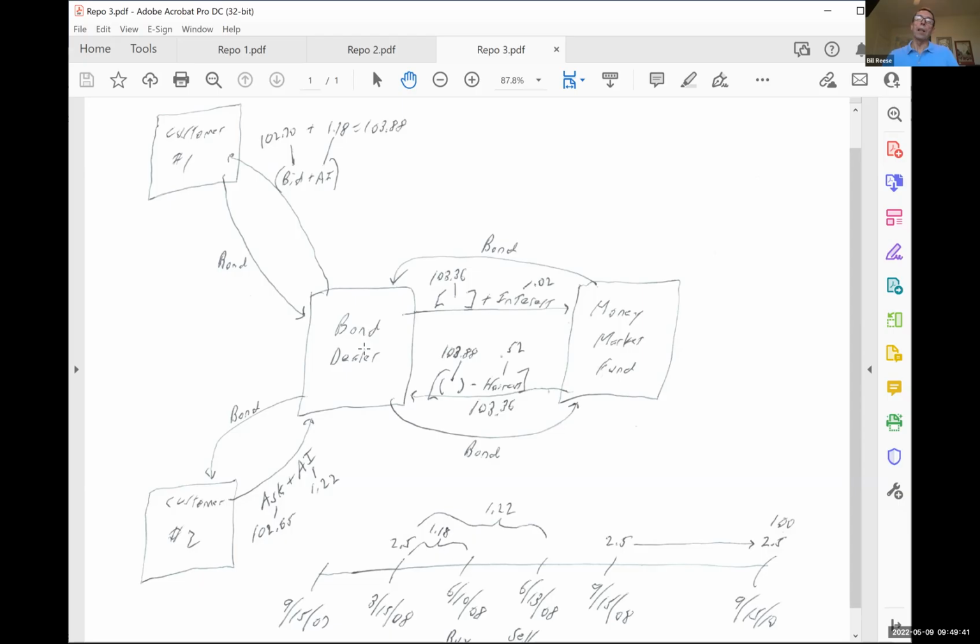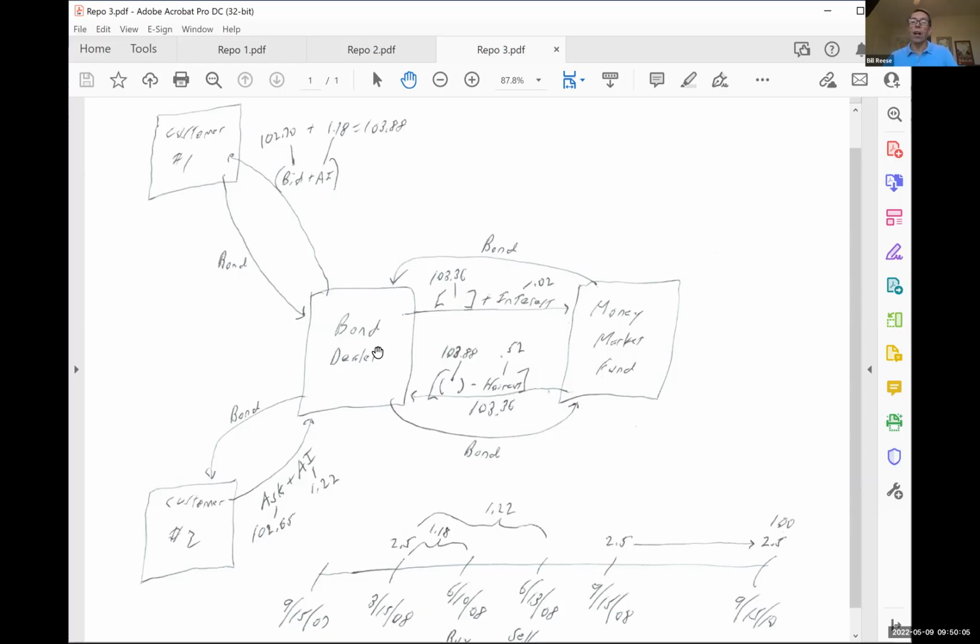So when the bond dealer enters into this agreement with the money market fund, which is really simultaneous with purchasing the bond from customer number one, the bond dealer is going to send the bond over to the money market fund, and the money market fund is going to send over to the bond dealer the value of the bond, 103.88, minus a haircut.